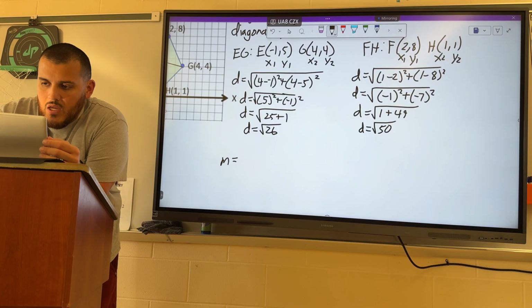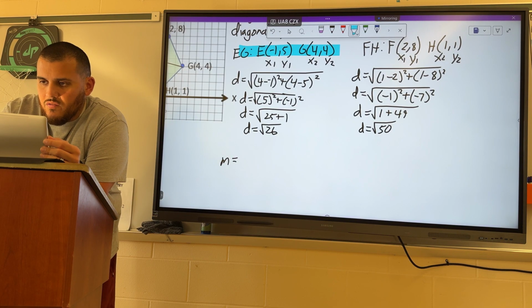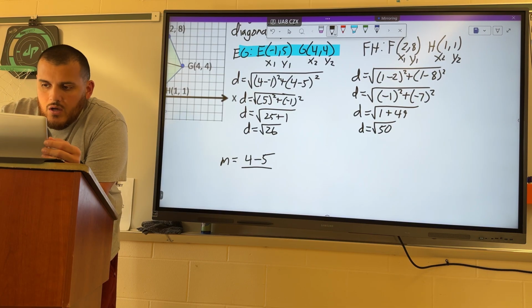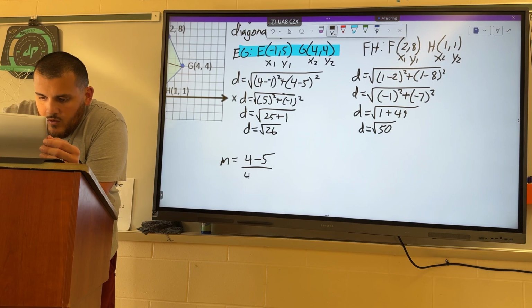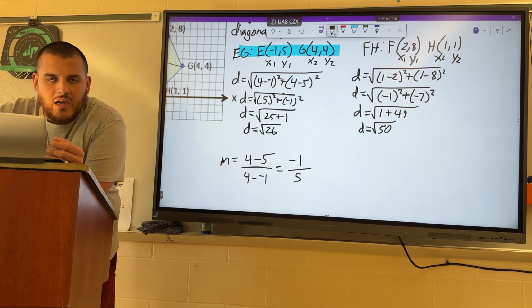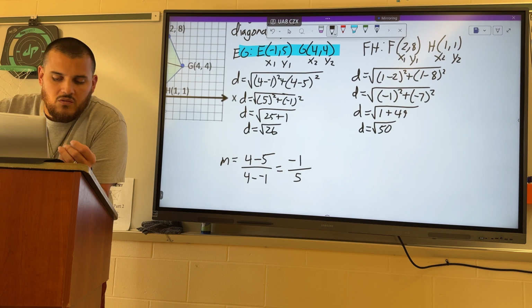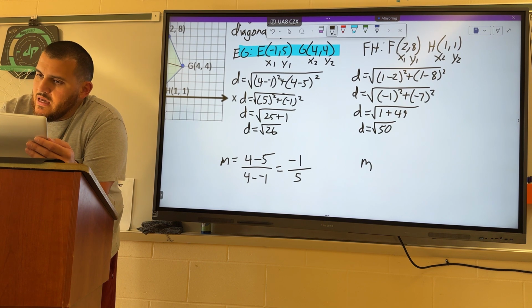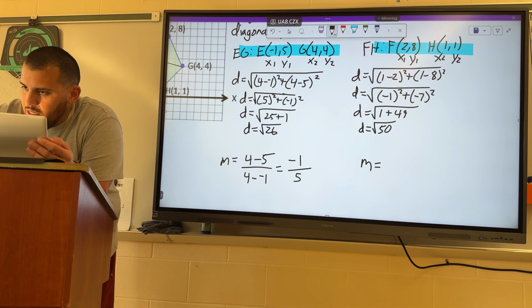Use M for slope, and the slope formula is y2 minus y1 over x2 minus x1. So for EG here, y2 minus y1 would be 4 minus 5 up top, over 4 minus -1 on the bottom. 4 minus 5 is -1. 4 minus -1 is +5. So we have a negative slope of 1/5 for that diagonal. Do the same thing over here with FH, using these points and the slope formula. y2 minus y1 will give me 1 minus 8 on top.